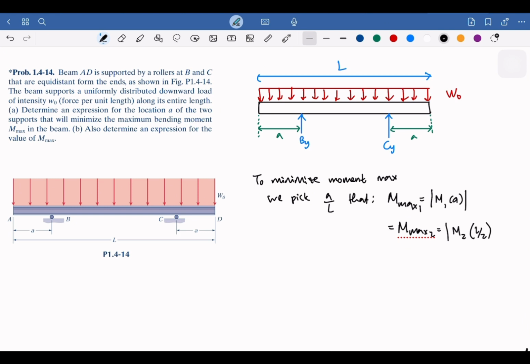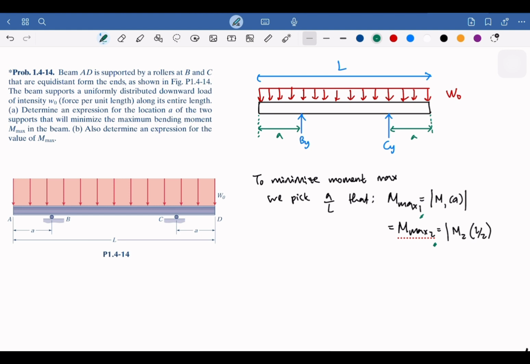Now, let's say this 1 and 2 is my definition for the diagram that we are going to take.